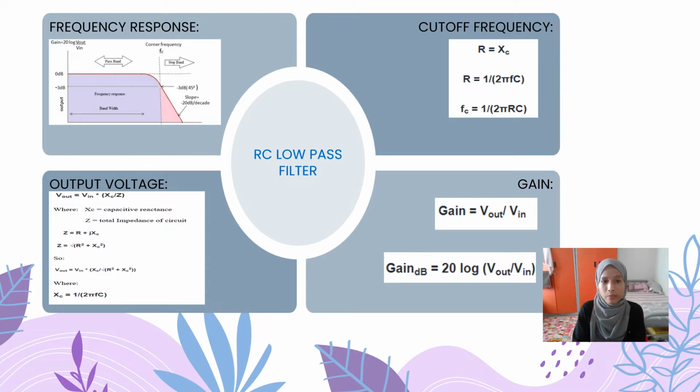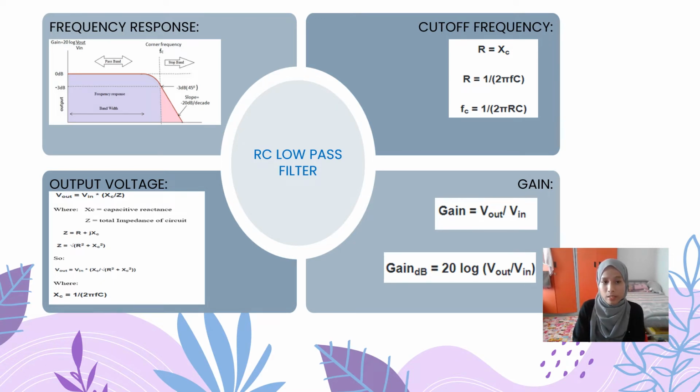Next, the frequency response. Frequency response, also known as a Bode plot of a circuit, shows the output to input ratio for a specific frequency range. Next is the cut-off frequency. The low-pass filter passes a low frequency below the cut-off frequency and blocks any frequency higher than the cut-off frequency, where the cut-off frequency is calculated by Fc equals 1 divided by 2 pi RC.